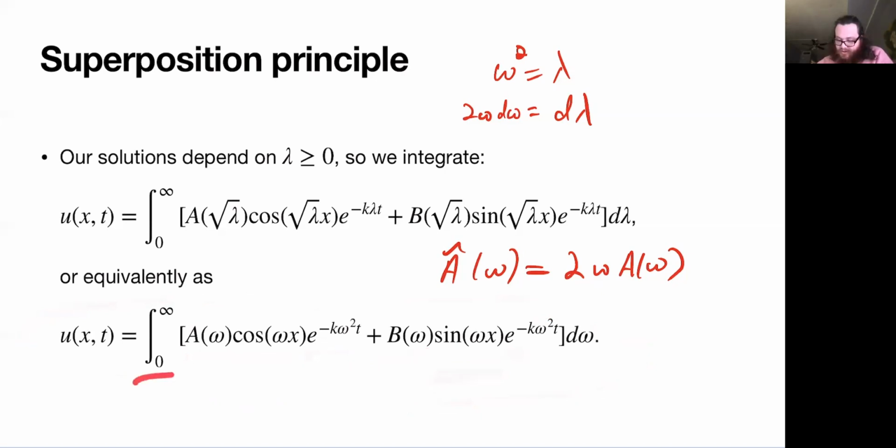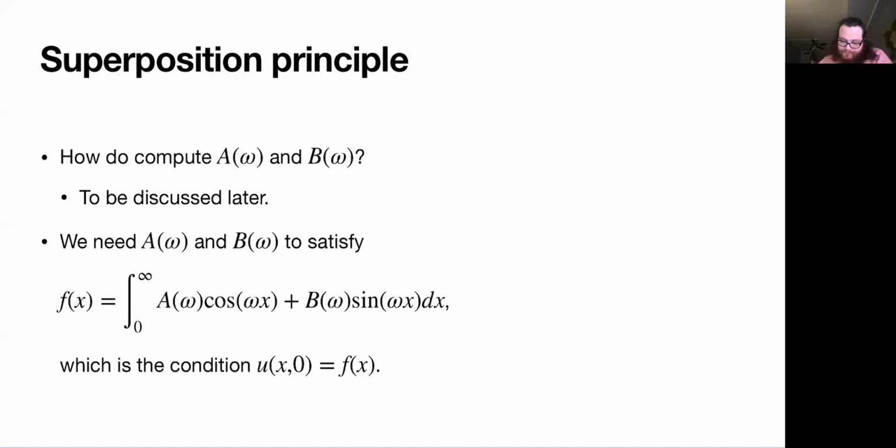And we sum them up over every possible eigenvalue parameterized by omega. Okay. So one question is, how do we compute these coefficients? We'll talk about that in the next section.